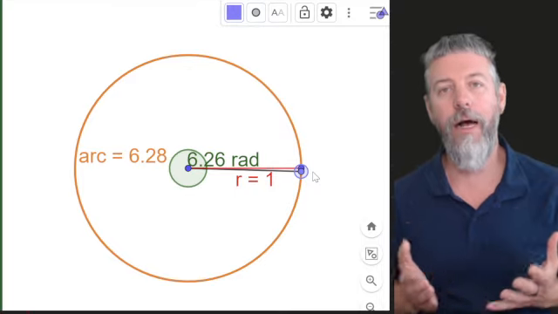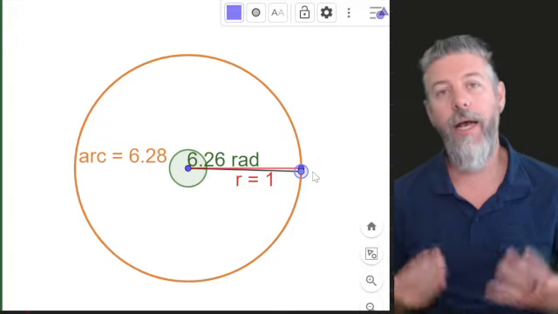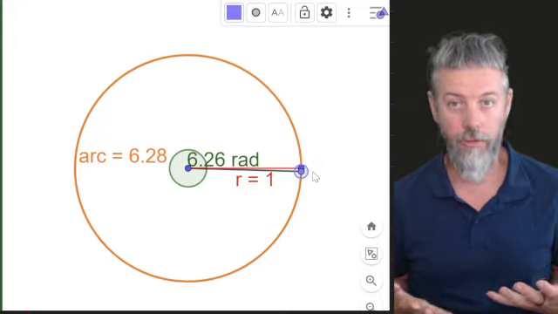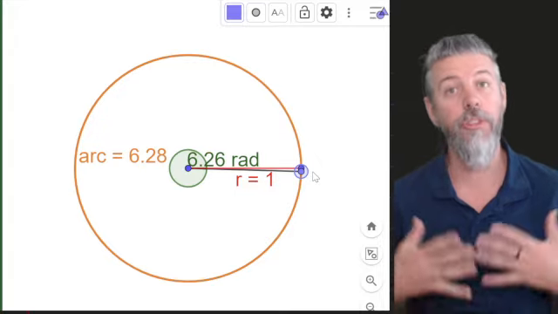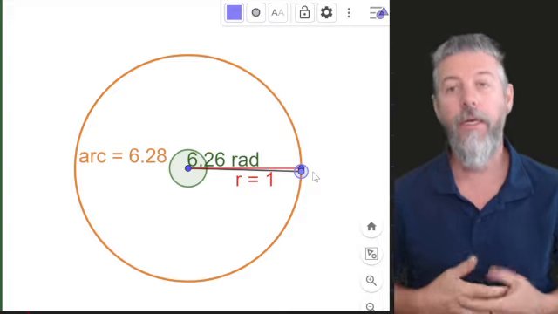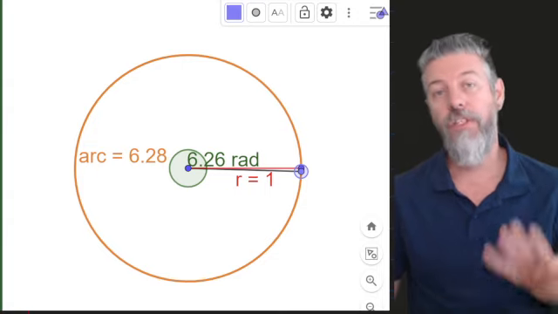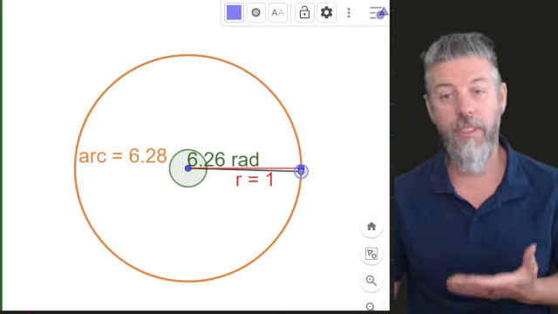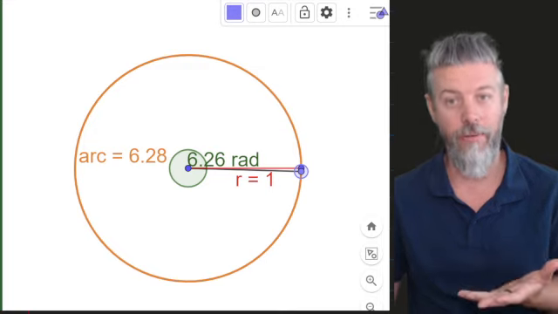We've created an arc length that is the circumference of the circle. So how big is the circumference of a circle? Well, twinkle, twinkle, little star, circumference equals 2 pi r, 2 pi lots of the radius. Now, this is in a unit circle, so therefore, the size of the circle is 2 pi, and therefore we're talking about 2 pi radians.